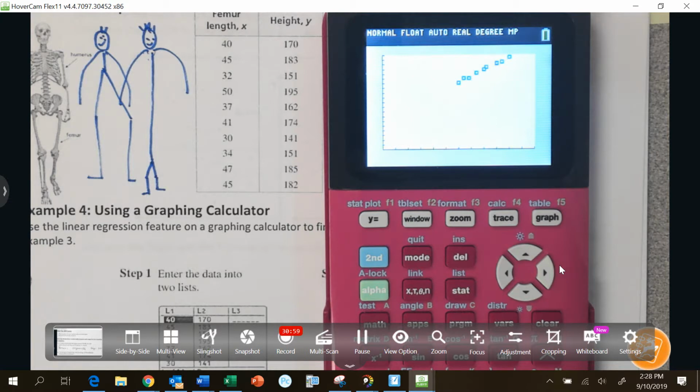Who else? I was waiting for the next directions, and we were talking about nothing. We were staring at the window for like 5 minutes. When we went to turn on the scatter plot, you didn't turn it on.